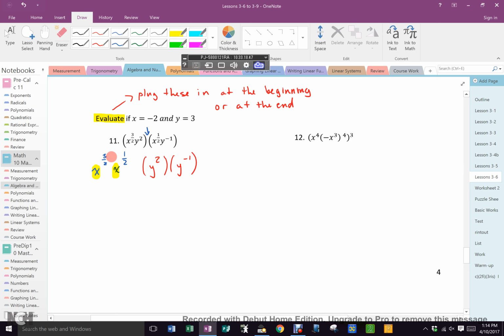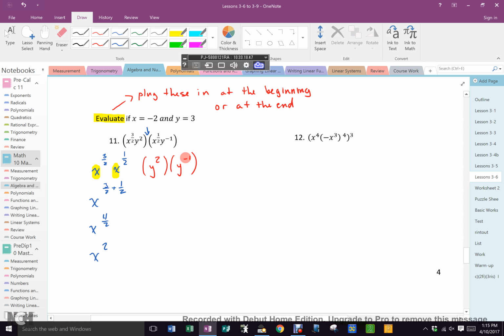That rule says we can add the exponents, yes? So instead of having 2 fractions, we really have x to the 3 halves plus 1/2. What is 3 halves and then 1 more half? 4 halves. But 4 halves is really 2. So what I really have is x squared, don't I? All those fractions disappeared when I simplified.